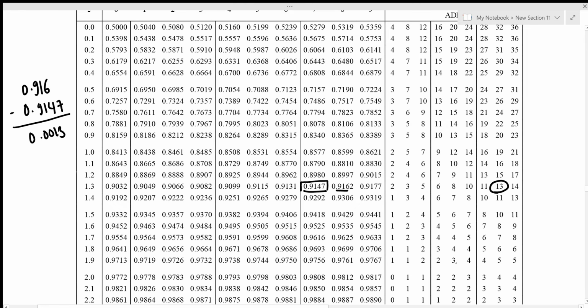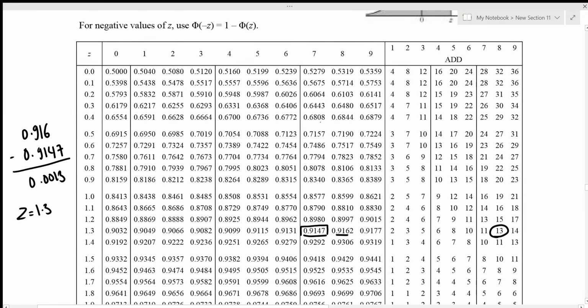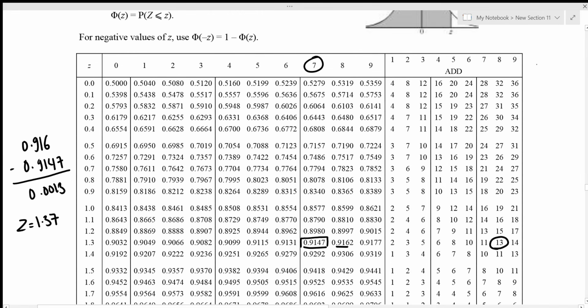So that's going to be the z value of 1.3, and the corresponding column is going to be 7. So the second digit will be 7, and the third digit is going to be 8. So for the probability of 0.916, the corresponding z value is going to be 1.378.